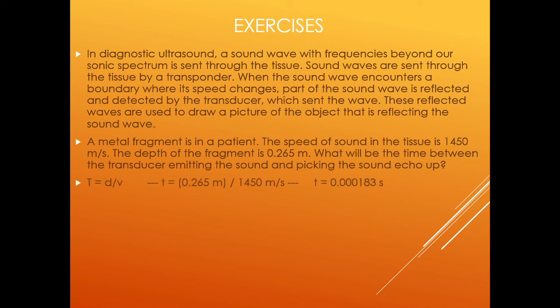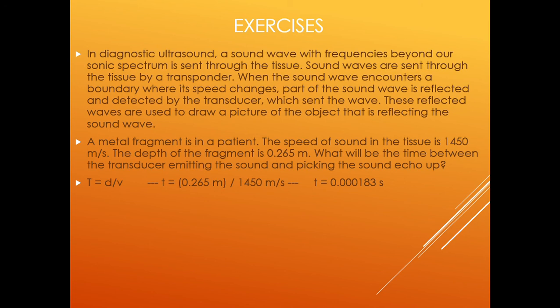So here I have the process. In order to find out the time, we will have to divide the distance by our speed, or our velocity. If we substitute the values, the distance is 0.265 meters, and our speed is 1450 meters per second.